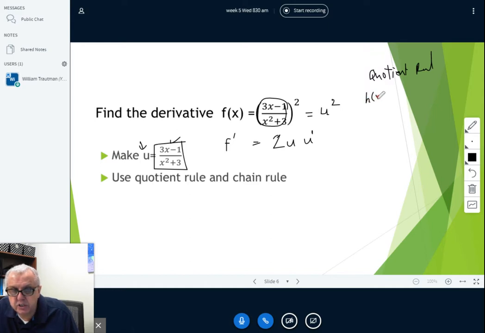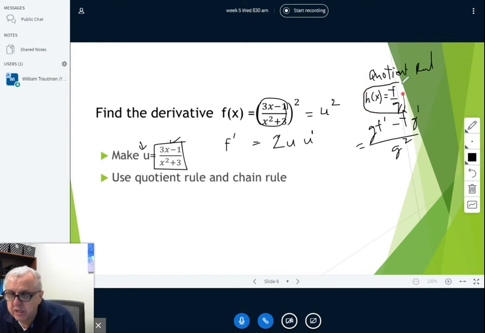Here's a function, and we have f and g. The quotient rule says you take g f prime minus f g prime and divide it by g squared. So that's the quotient rule. If I have a fraction and I have a function on top and a function on the bottom, I have to take the bottom times the top prime minus the top times the bottom prime divided by the bottom squared.